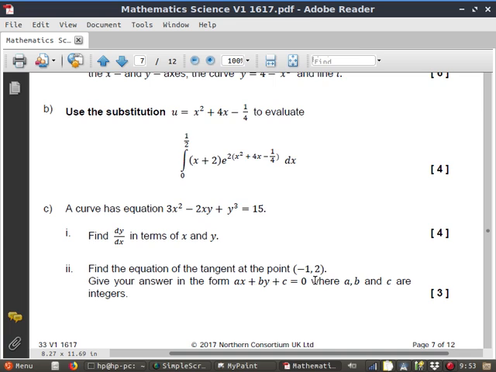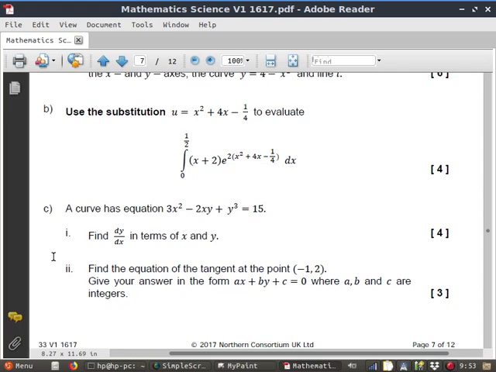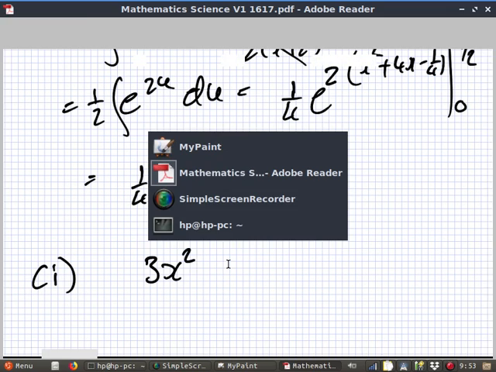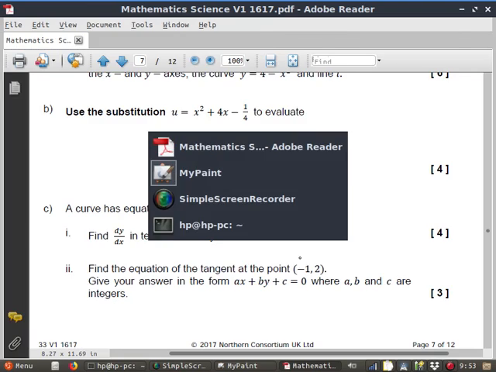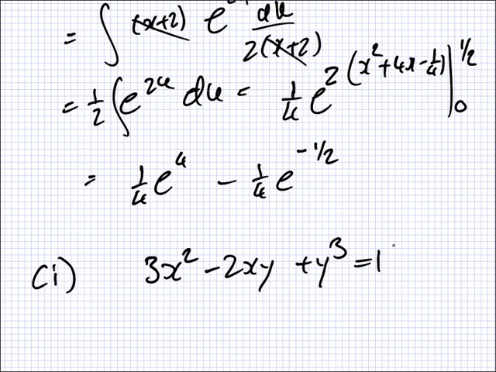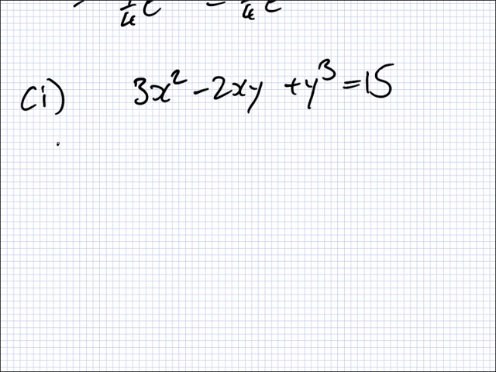Okay. C. Find dy dx for 3x squared minus 2xy plus y cubed equals 15. Okay. So the derivative, 6x, and then product rule.